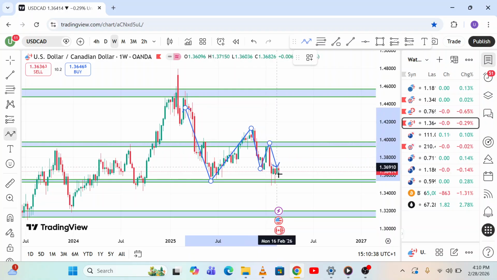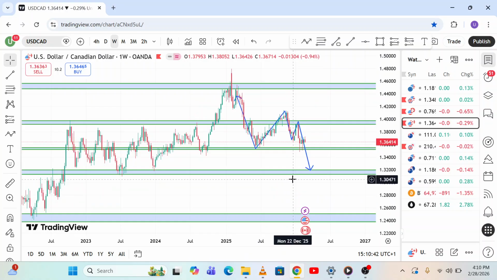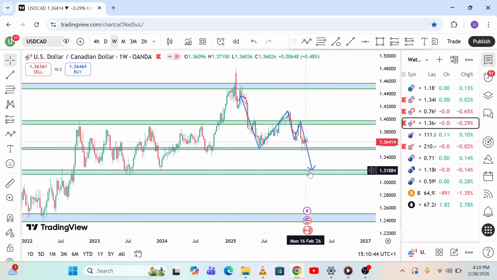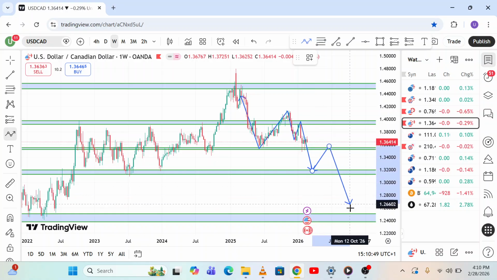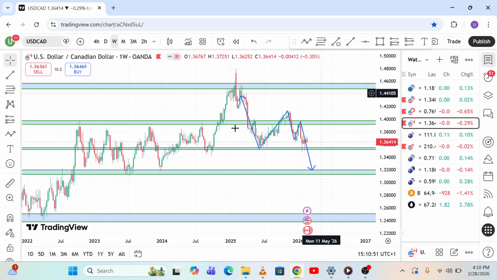It tested here, so we can anticipate that the sellers are going to bring down the market here to complete this lower low, lower high, and then keep moving downwards.